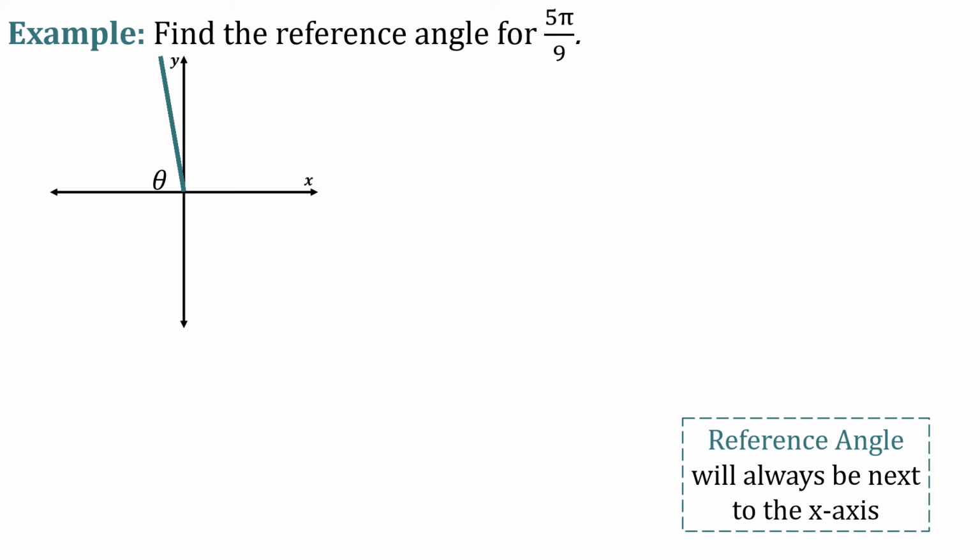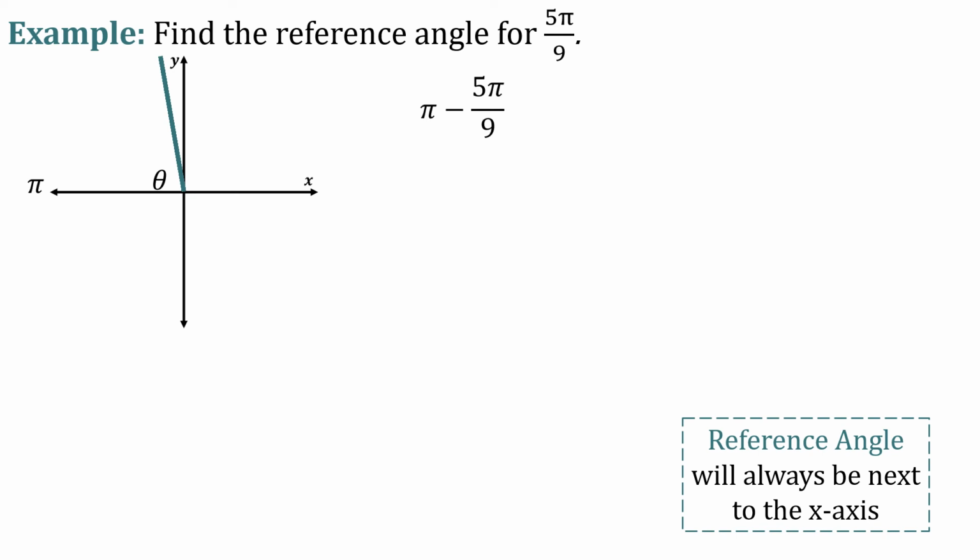Here we know that in the same spot where we had 180 on the previous example, now we have pi, because 180 and pi are equivalent. 180 is the degree measure, pi is the radian, but they're equivalent. So I need to find the difference between this negative x-axis and my line. This time I'm going to say pi minus 5 pi over 9.